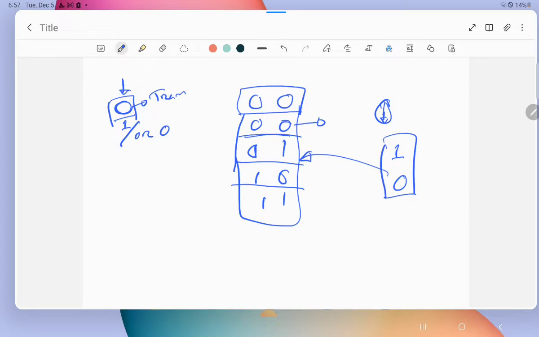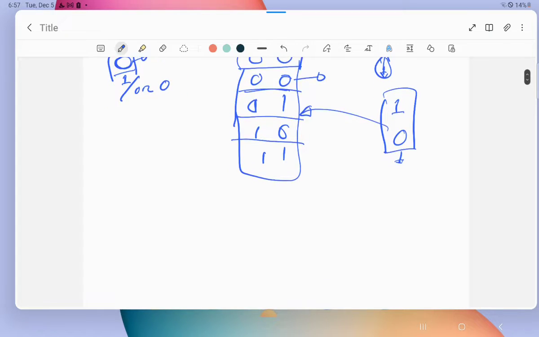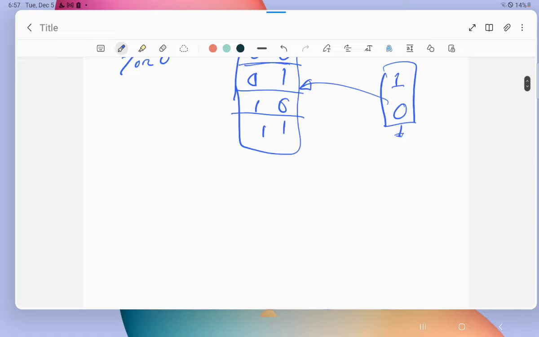There is no difference between a classical computer and a quantum computer, as long as we do not take superposition into account. So what is superposition? We will talk about that now.